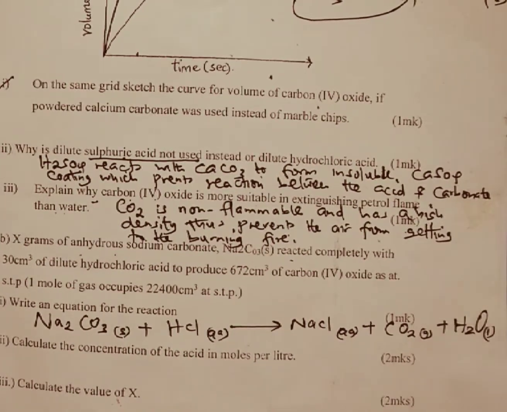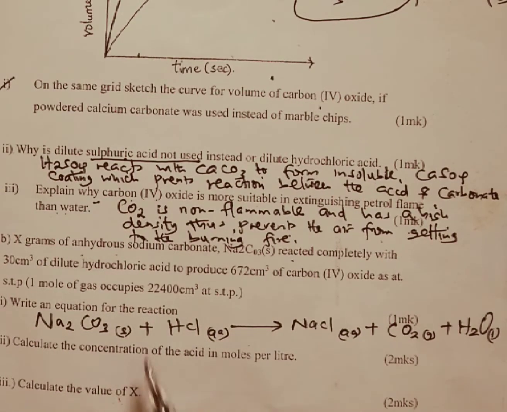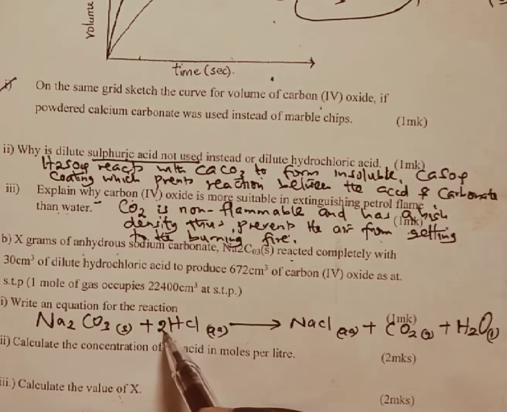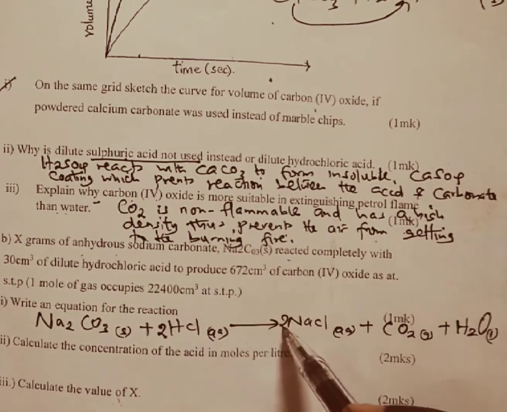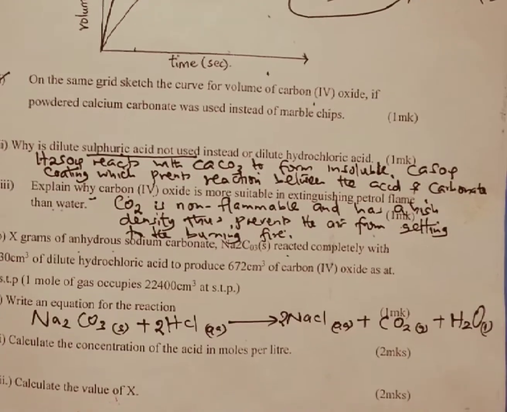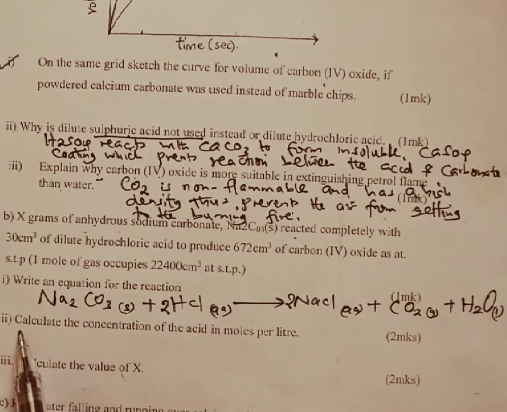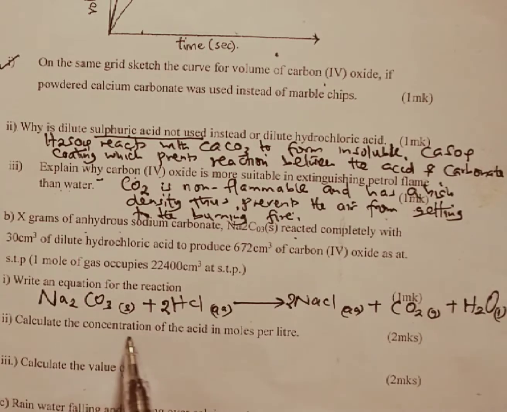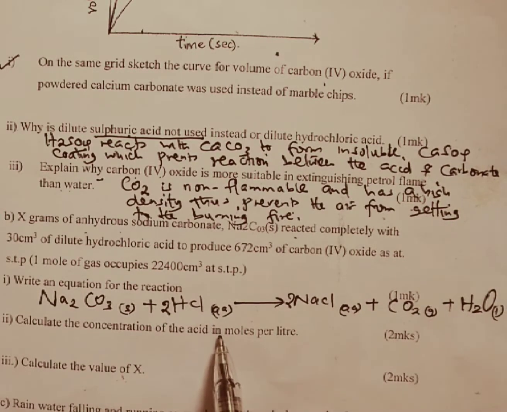Remember, water is a liquid. We can balance this equation by writing 2 behind hydrochloric acid and a 2 behind sodium chloride for that equation to be balanced. Roman 2, calculate the concentration of the acid in moles per liter.